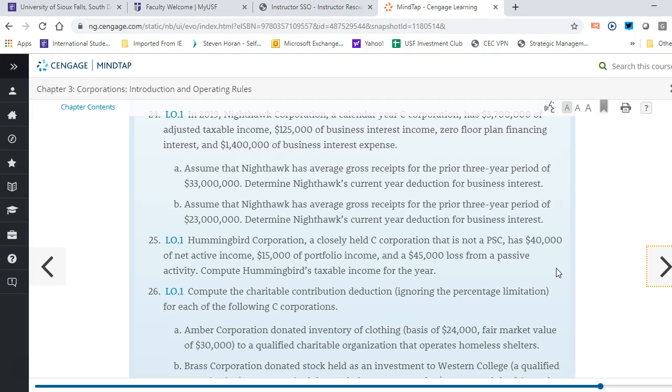So they can only deduct as much of the active income as there is. So there's 40,000 active income, 45,000 loss. So the 40,000 of income can be offset. That just leaves for taxes only the 15,000 portfolio income. So basically the only thing taxed is the 15,000 portfolio income.